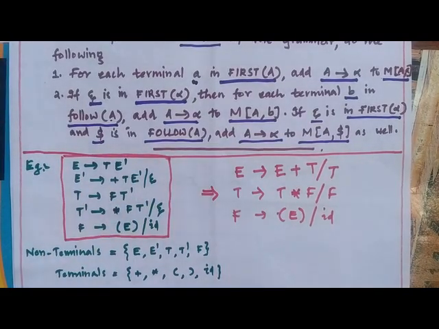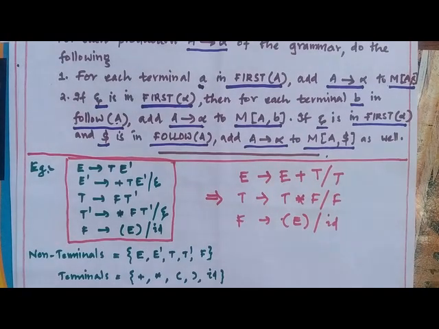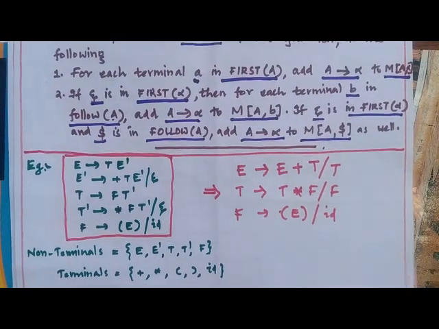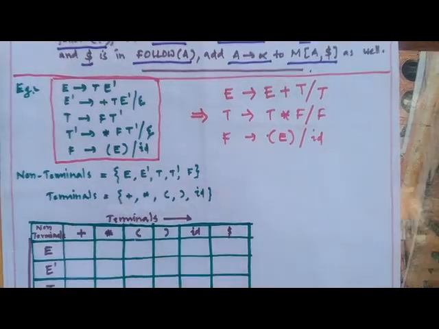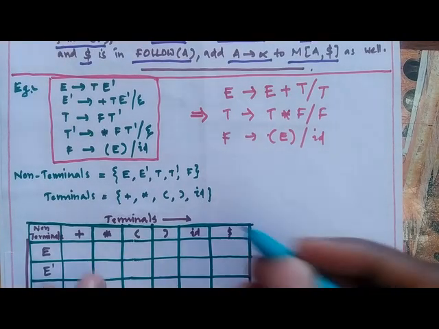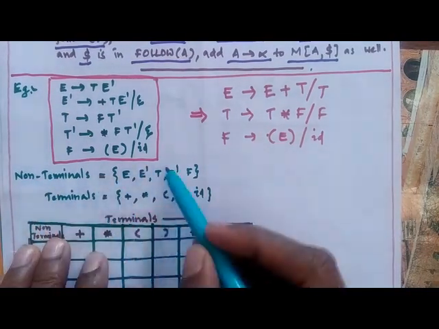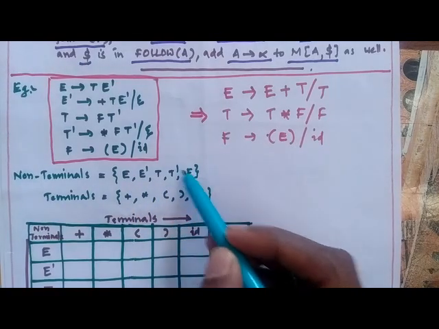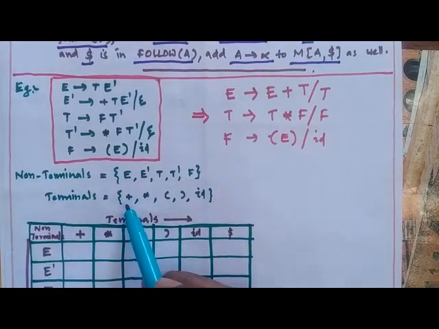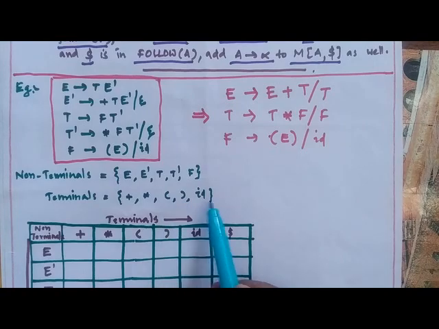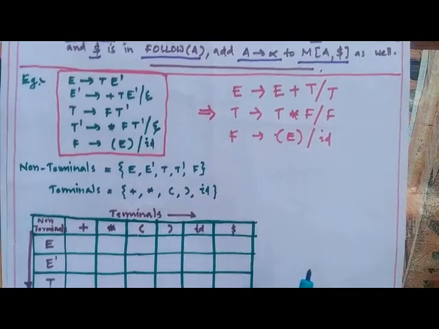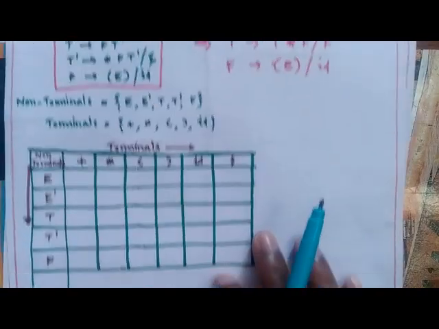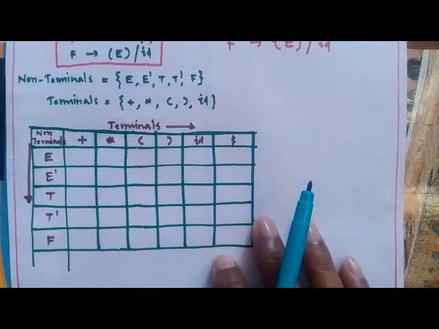Here you can see that the non-terminals are E, E dash, T, T dash and F. Terminal symbols are plus, star, left bracket, right bracket, ID. The table is a two-dimensional table that looks like this.